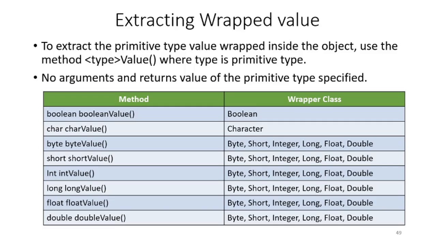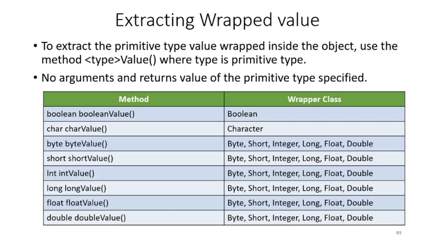The next part is extracting wrapped values. Now we know how to create the object of a wrapper class and how to store the value in it. Next, if you have created the object and stored the value in that wrapper class, how do you extract the primitive type value wrapped inside that object?